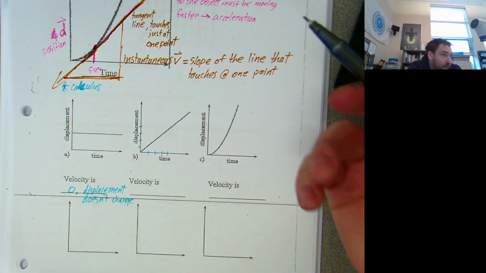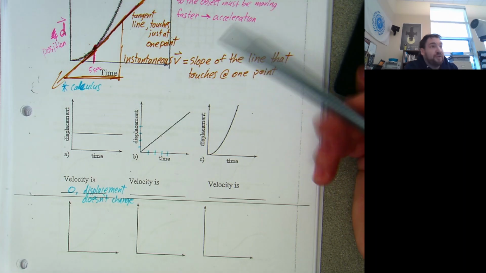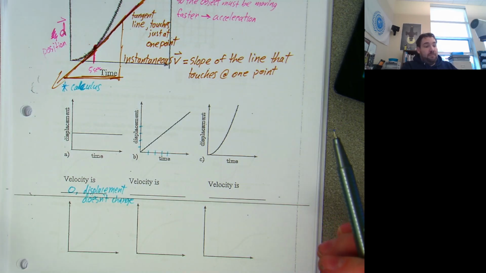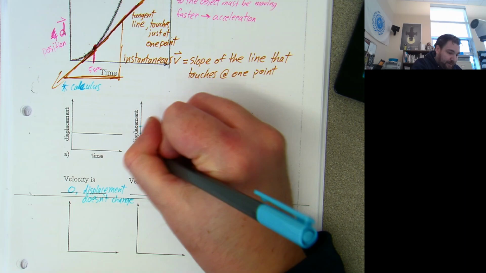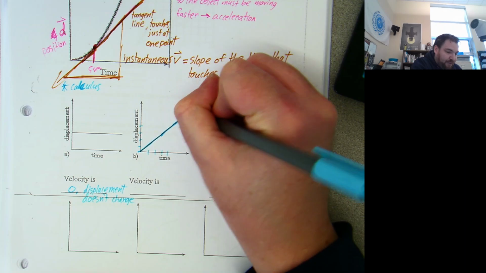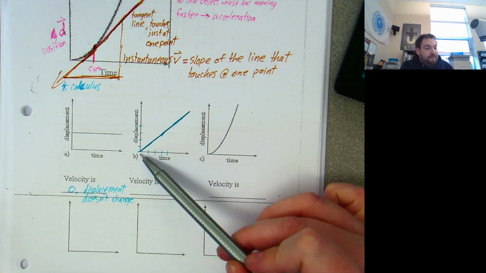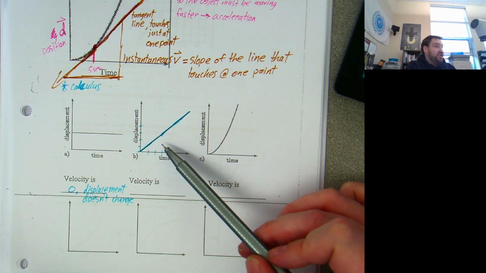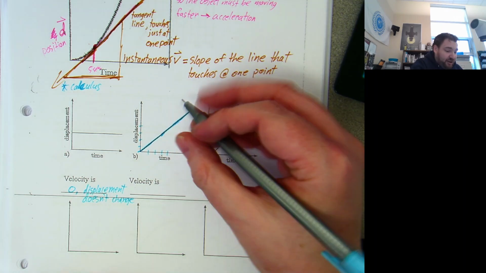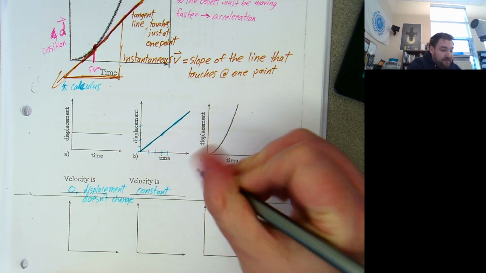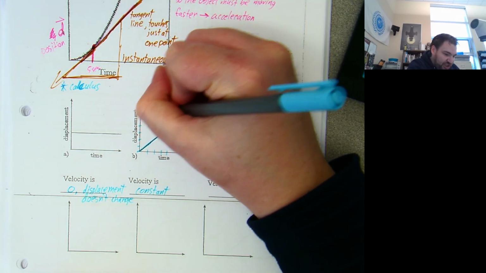Okay, that's more detail than I'm going to ask you to assume. Don't give me a value, but what can you tell me about the slope of this line? Yeah, Yuli. The slope doesn't change, and so the velocity is constant. You betcha. Whatever that value is, the velocity is constant because the slope isn't changing.